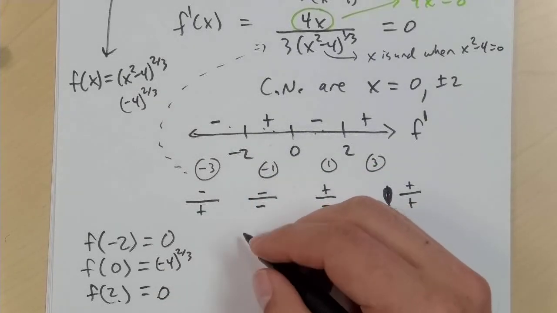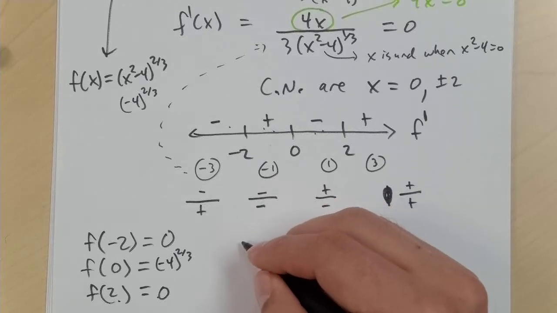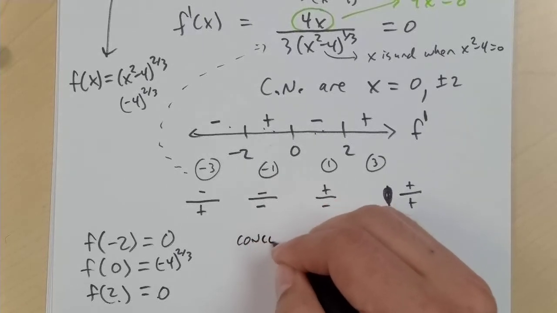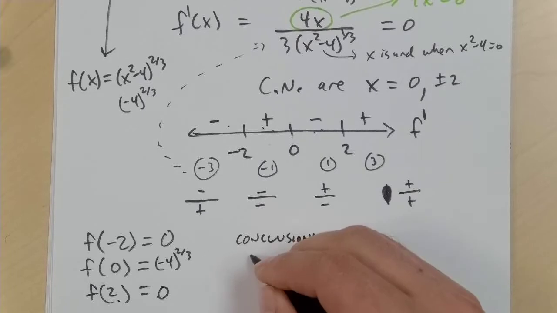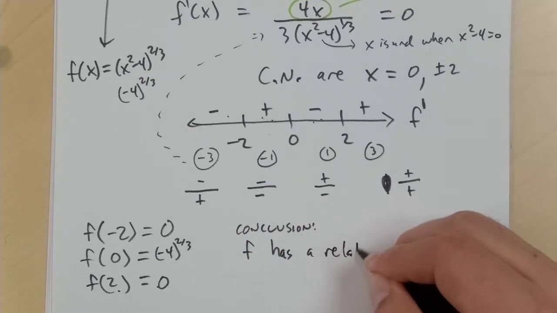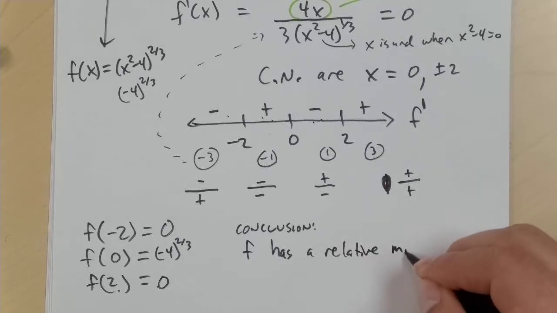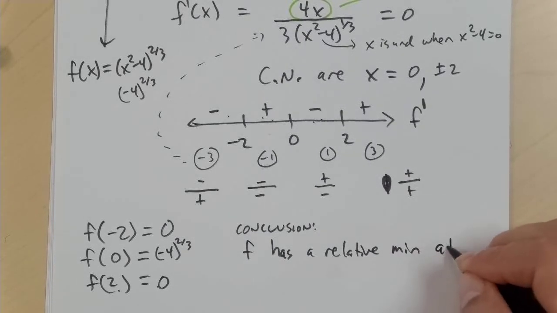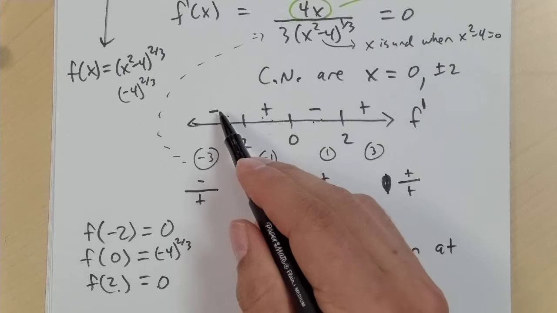So we're going to say the conclusion is f has a relative minimum anytime the derivative changes from negative to positive.